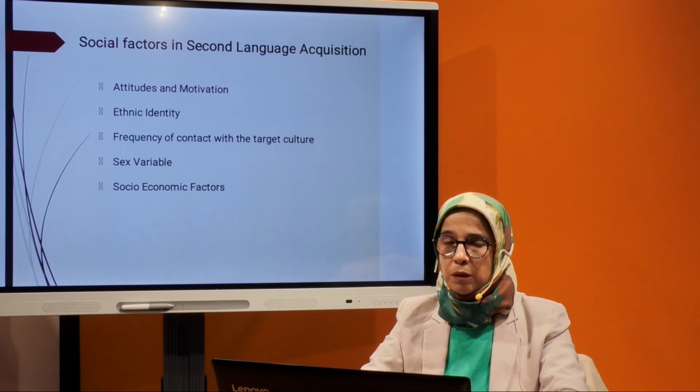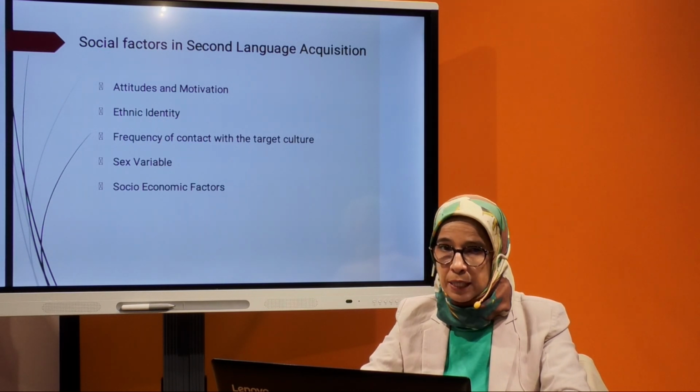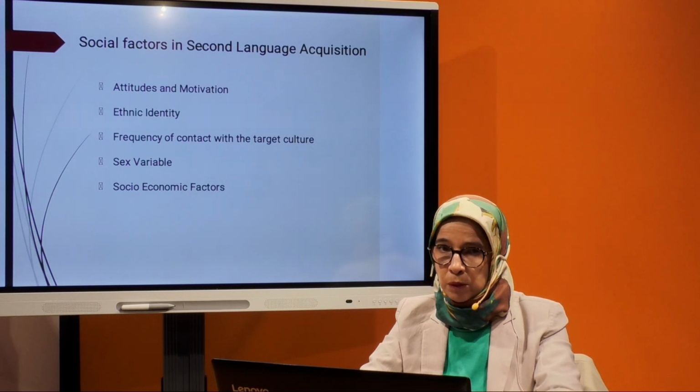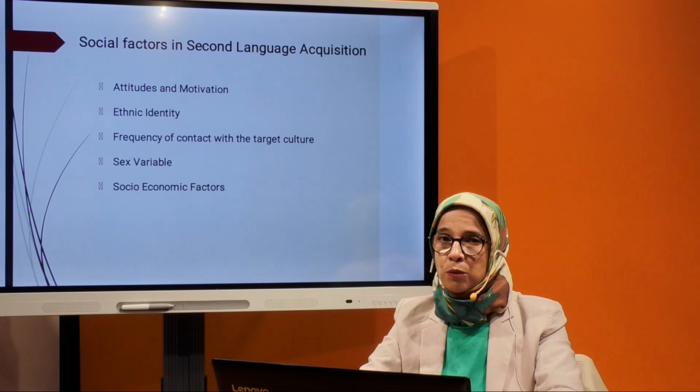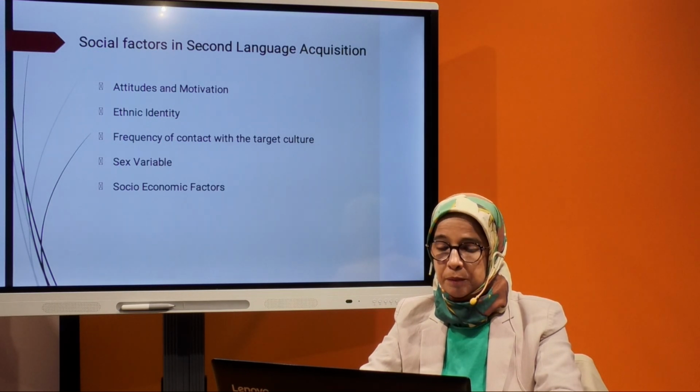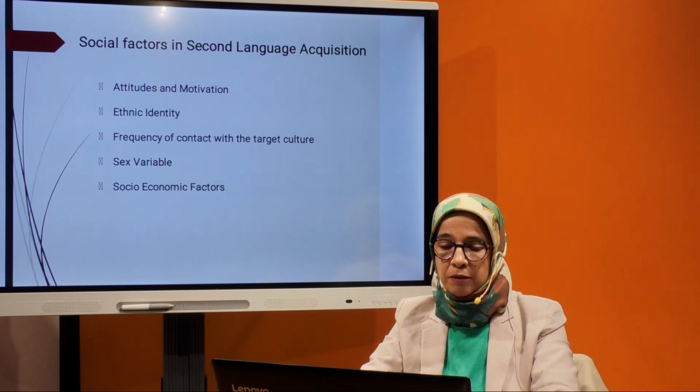But it's not all. We cannot generalize because there are other variables intervening in here that may influence language acquisition, and we may have different counterexamples as I have just explained.